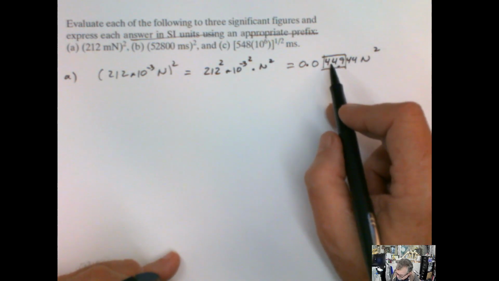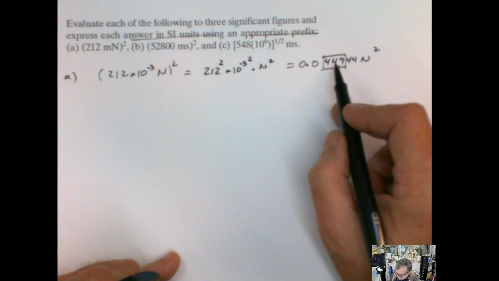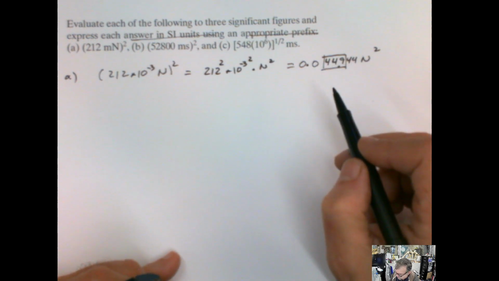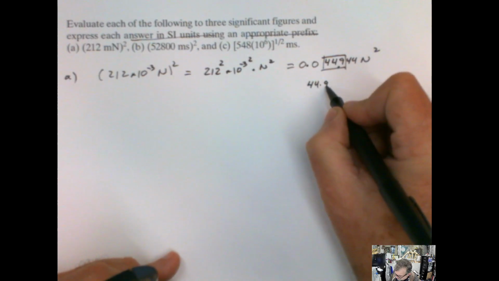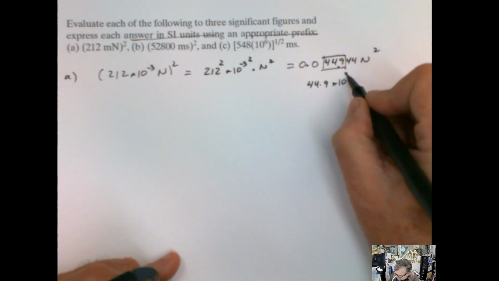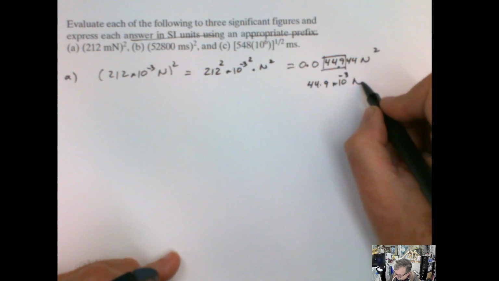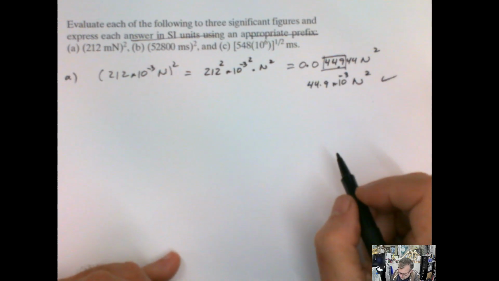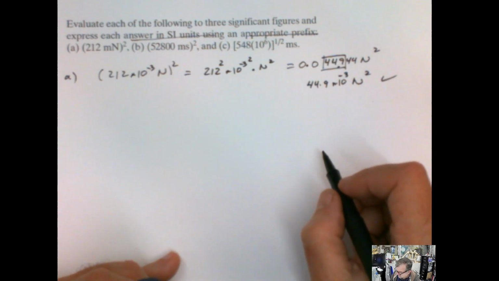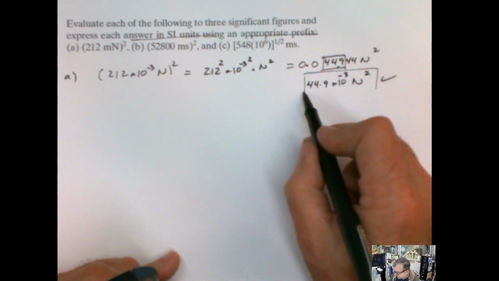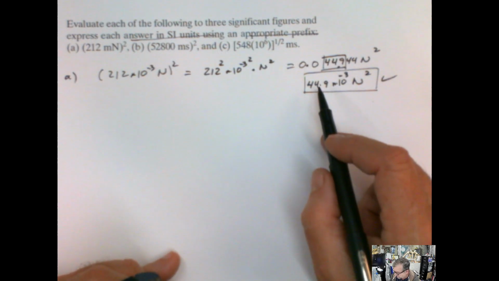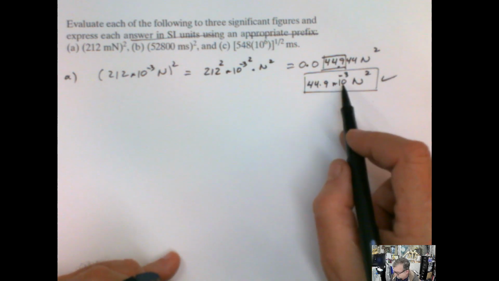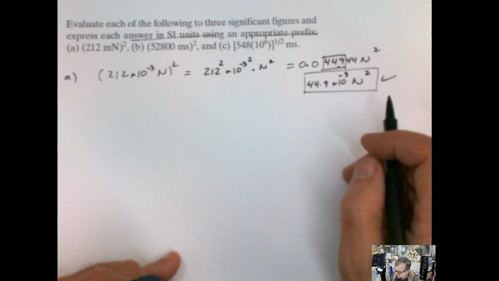So you can say 4.49 times 10 to the negative 2 newton squared. You can say 44.9 times 10 to the negative 3 newton squared. That's another way that you can say that, and all of those should be deemed valid as you are expressing that in three significant figures.